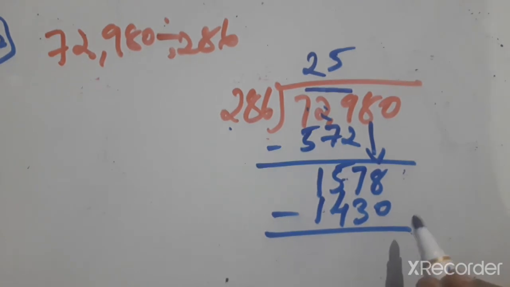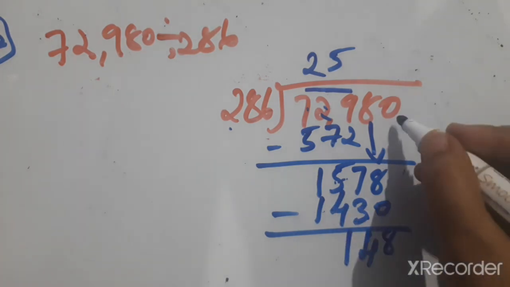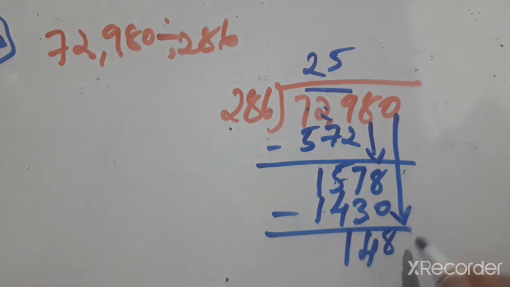286 times 6 is 2,000-something, that is greater than this. So the nearer is 1,430. 8 minus 0 is 8. 7 minus 3 is 4. 5 minus 4 is 1. Now one number, only one step, one number. Okay, 0, get down. 1480, which is nearer again, because 286 times 6 is 2,000-something.